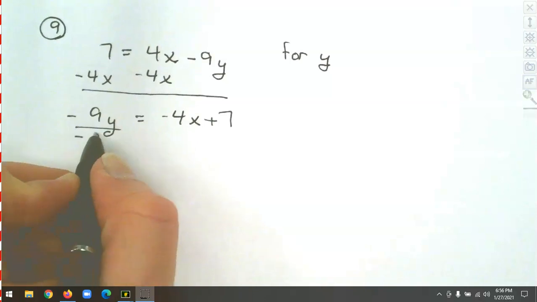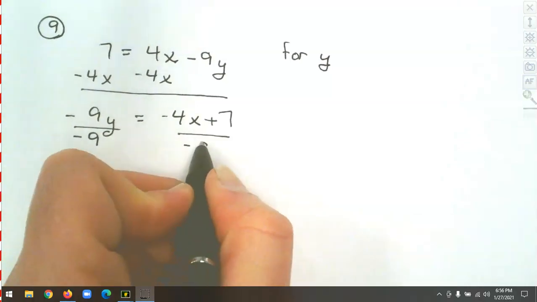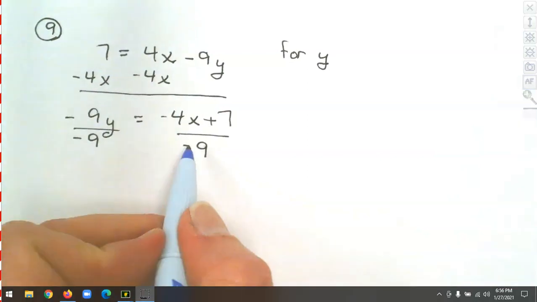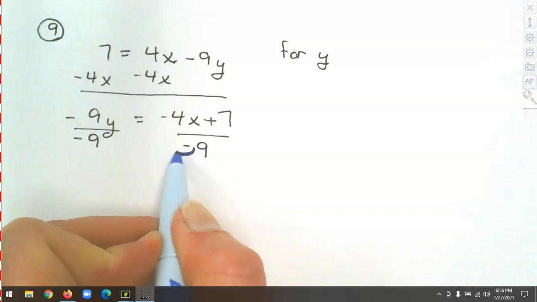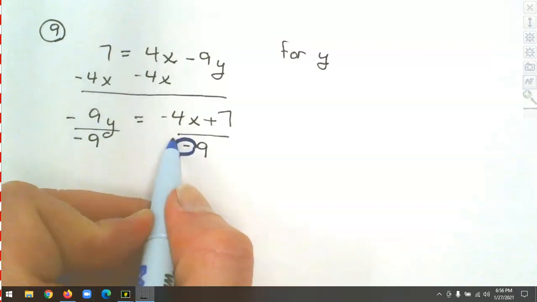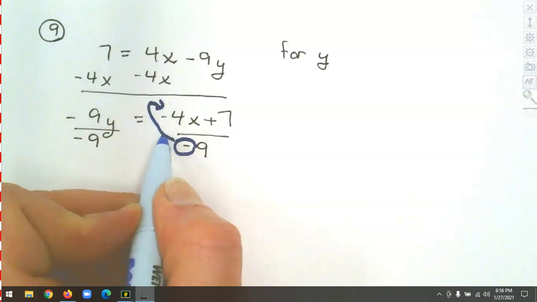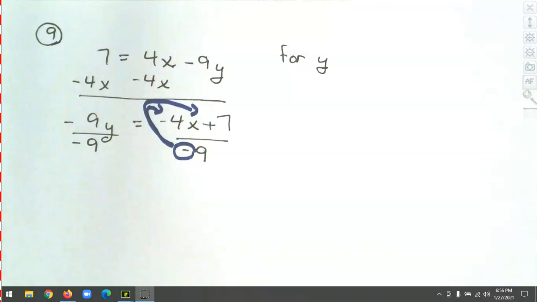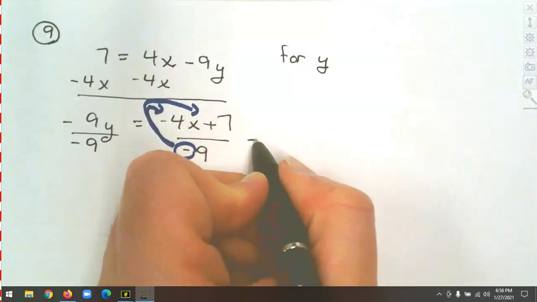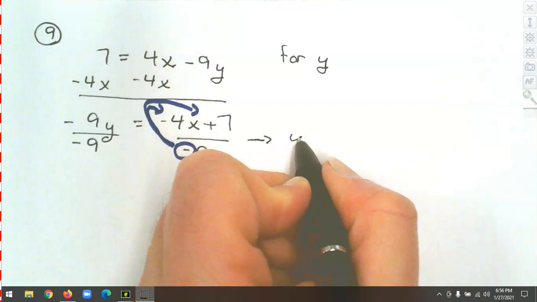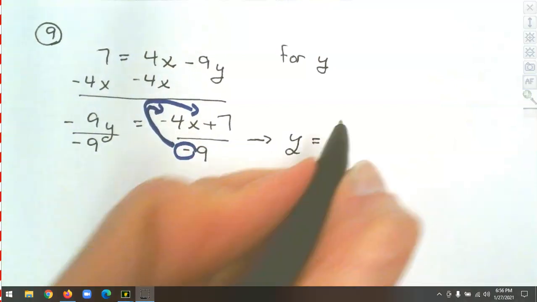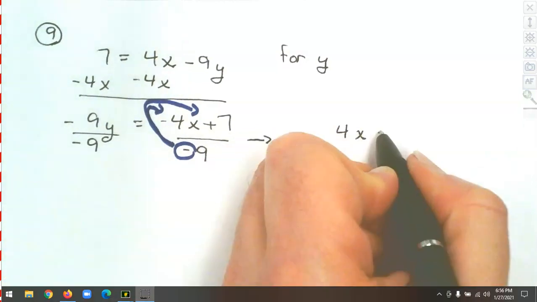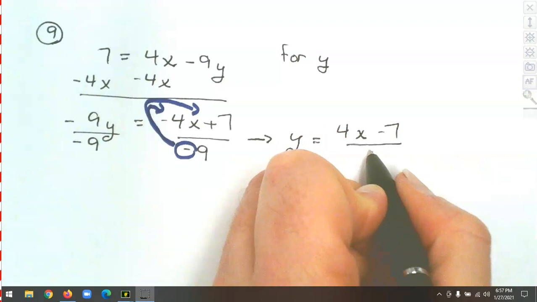Now I can divide both sides by that negative 9. What you do not want to have happen is a negative down below. So if you have a negative down below, we can bring that negative up to the top and change our signs. So when I rewrite that with a positive 9 below, I am left with y equals, negative becomes positive, 4x minus 7 over 9.